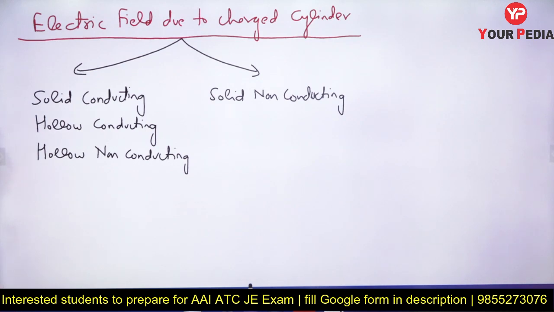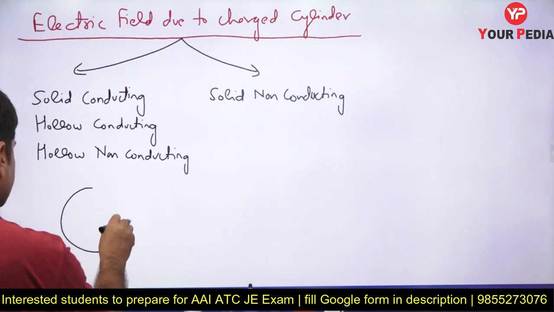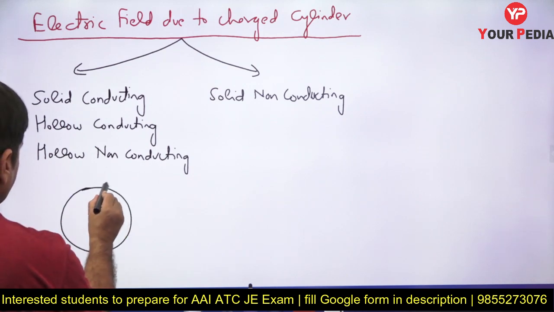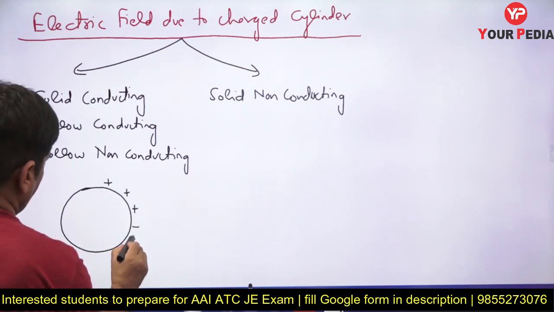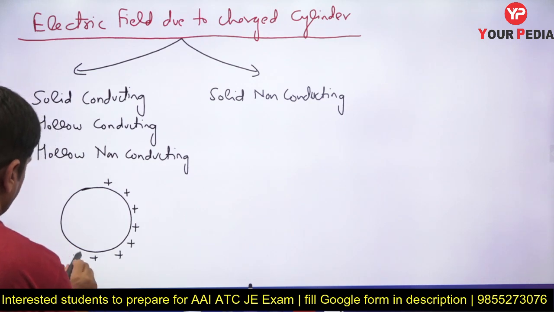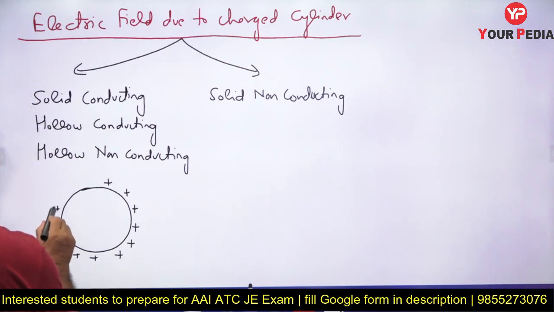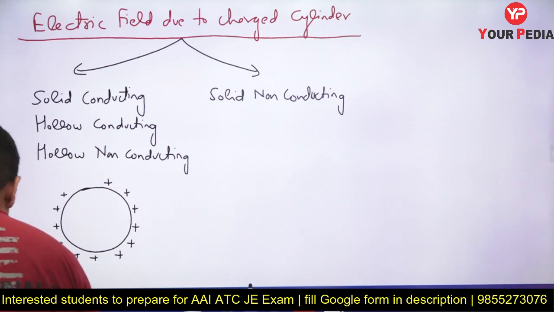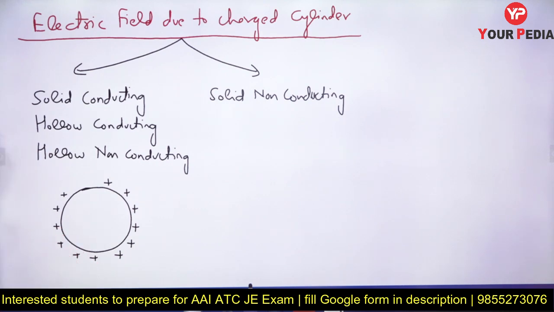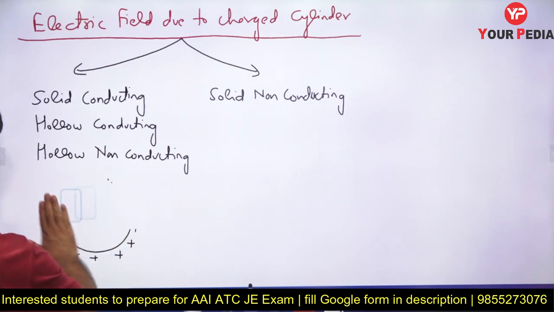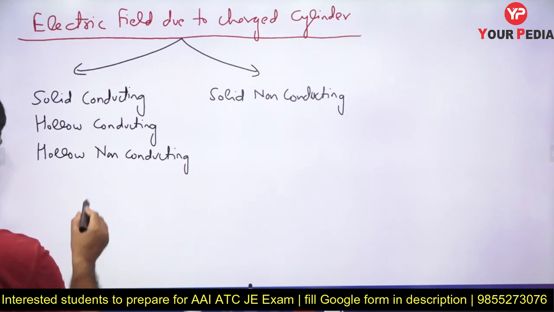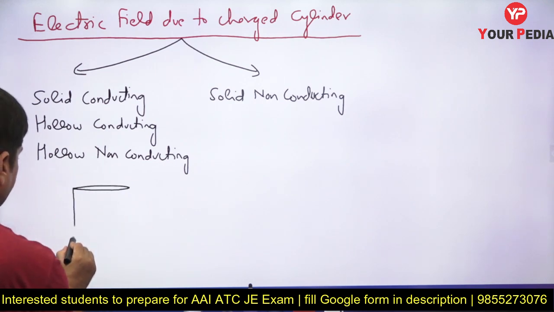Now what is the difference between the two? How is the analysis of the two different? I tell you, if there is a solid cylinder but conducting, the entire charge is on the surface. Listen to this carefully. Let me give you the diagram again. This is the top view actually being made. Let us say I give you this cylinder.